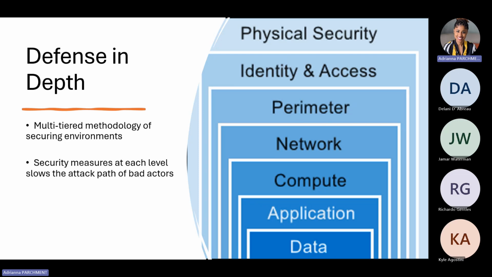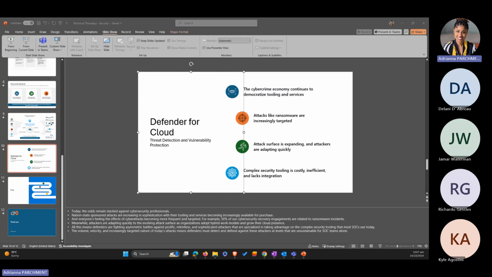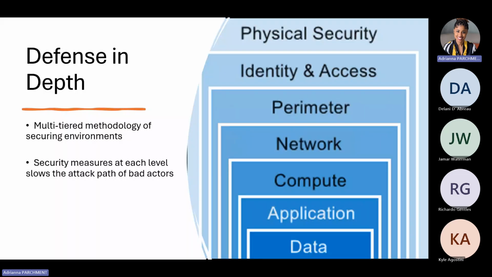And what this really points to is the different layers of which we have Microsoft, not just Microsoft, but security being implemented throughout our technical infrastructure. So essentially, the defense in depth design leverages different security measures to protect your organization's assets at different layers.